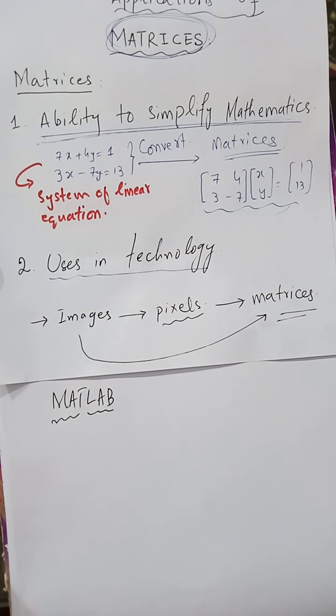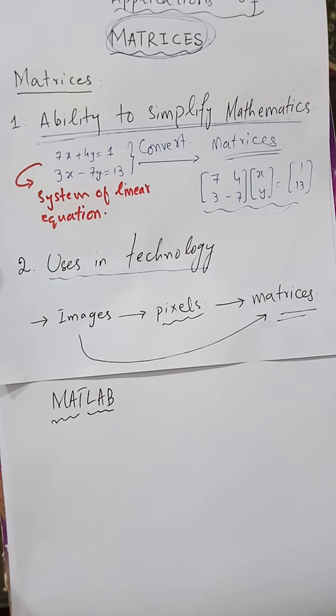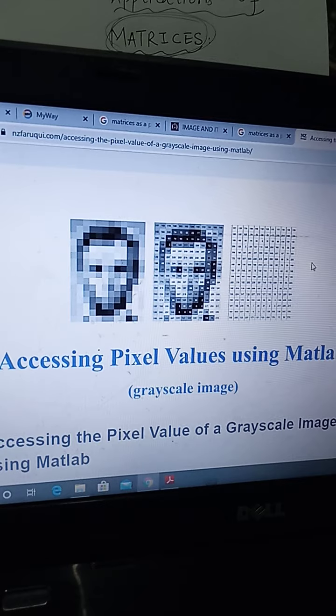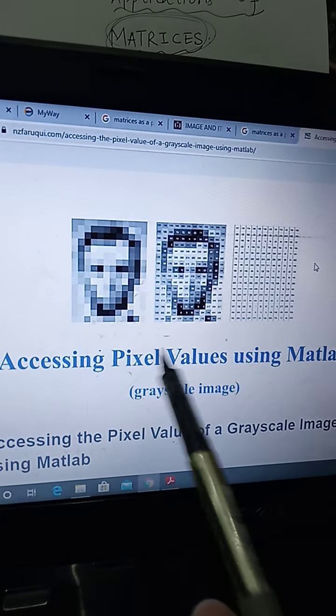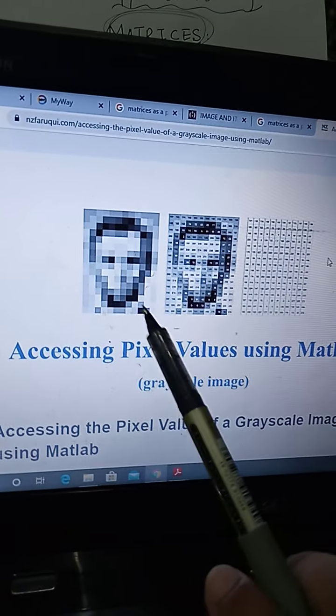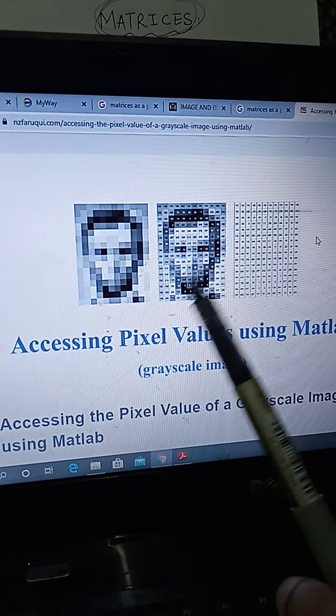So I am sharing the laptop screen with you to show how you can convert images into matrices. You clearly see that this is an image of some person. When it is zoomed, you see that it converted into square blocks.